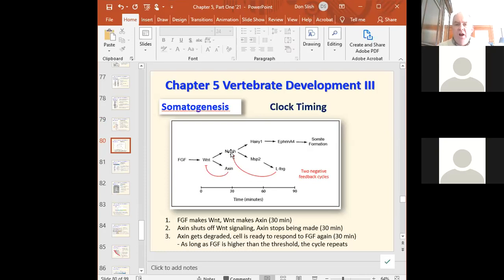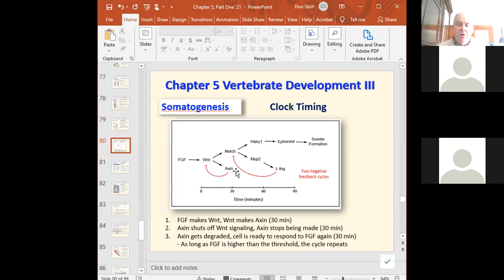And also Notch, when it makes HES/HER, also makes MSP, which makes this guy called lunatic fringe. Now, these are all transcription factors here. MSP and lunatic fringe are transcription factors. Lunatic fringe comes back and blocks Notch. When it does that, it can no longer do this. Okay, HES/HER, ephrin, all that kind of stuff.